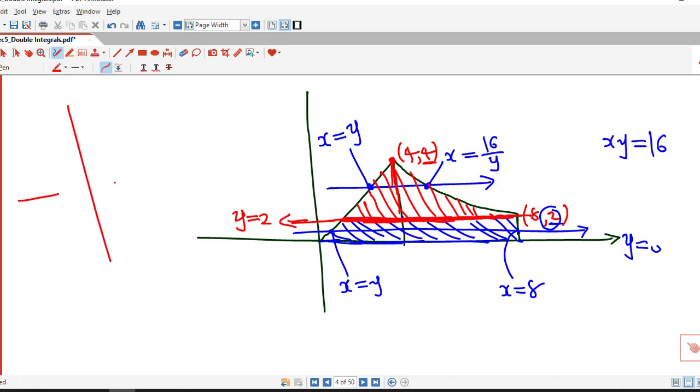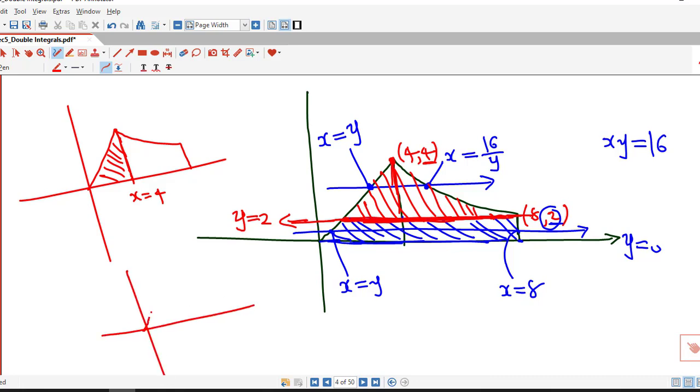So again, let us take a look. If we want to consider vertical lines, then we will divide our region from this point, that is at x equal to 4. And if we want to consider horizontal lines, then we will divide our region from this point.